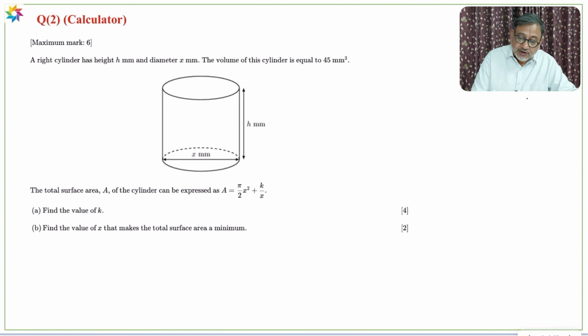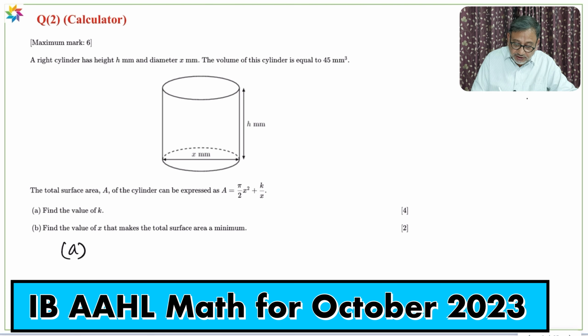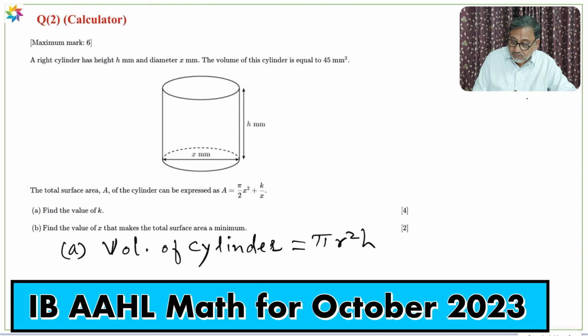Okay, first we will write the formula for the volume, because we can use that to find the surface area. So volume of cylinder, we all know that volume of cylinder is pi r square h, right? Now pi will remain the same, r radius is x by 2, so x square by 4 into height h.